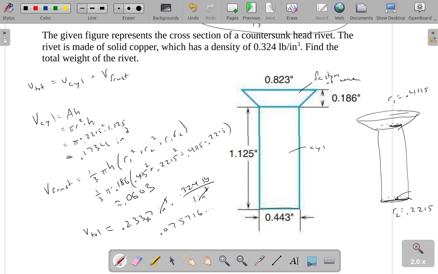I probably should have had some additional accuracy on here. I'm noticing this is three significant digits, that's 3 significant digits, this one's 4, that one's 3. I'm probably just going to round this off to 3 significant digits. So 0.0757 pounds is my final answer on this one.